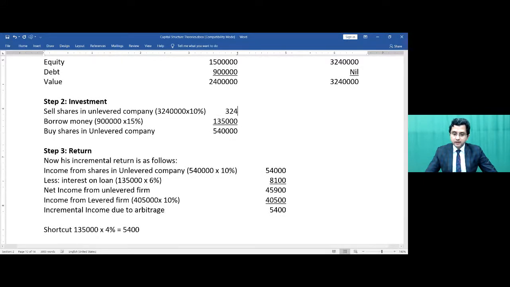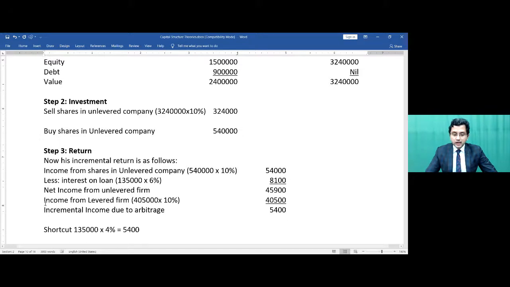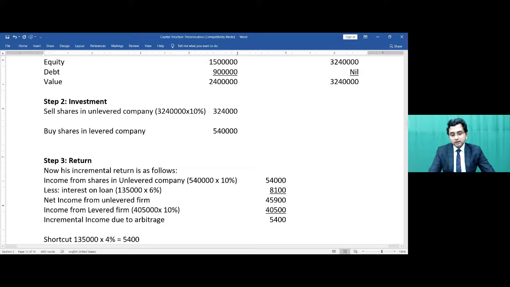That will be 3,24,000. With this amount, I'll buy shares in, I'm sorry, in levered company. Also, I will lend money at the rate of 6%.